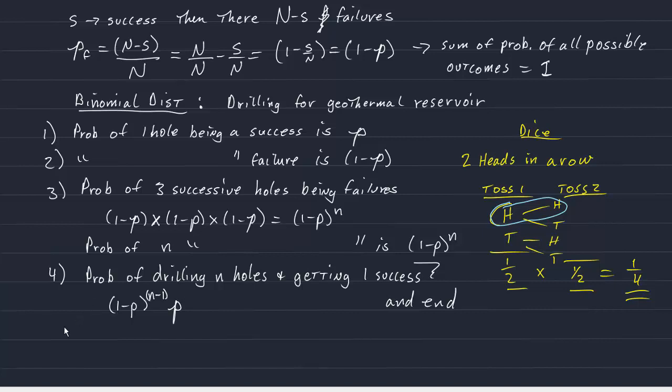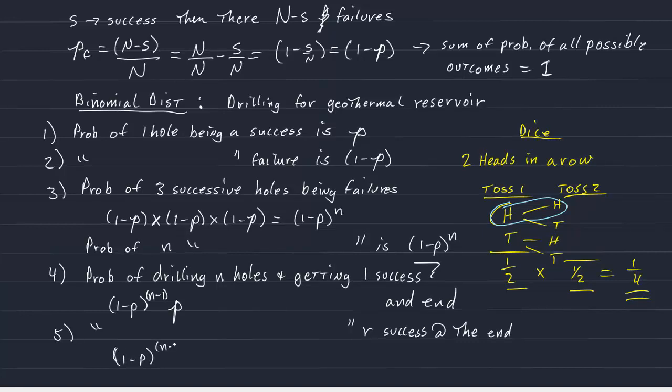In the last scenario, let's consider a case in which we have the probability of drilling n holes and getting r successes at the end. And so our first n minus r holes that we drill are cold.